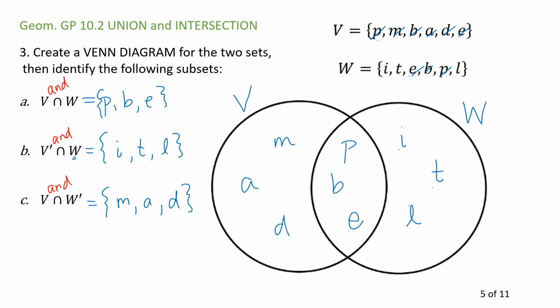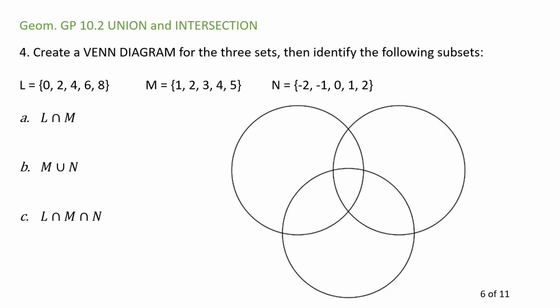Venn diagrams. How about a three-way Venn diagram? I think we can handle it. So basically, I'm just going to call this L, this one's M, and this one's N. In the middle, we'll go people that are in all three groups. So I'm going to start by saying 0. 0's in L. It's also in N. So I need to put 0 so that it's in L and N, but not in M. So I don't want to put 0 here because that would put it in the M category.